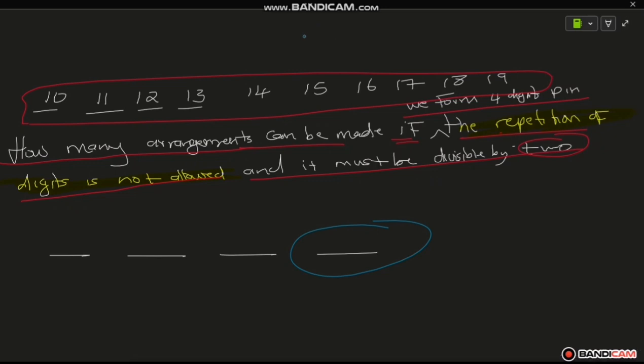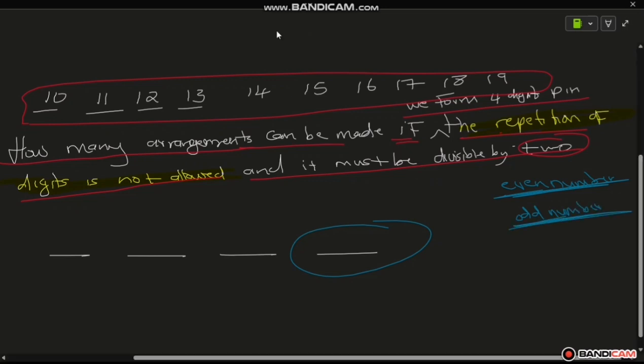An even number is a number that is divisible by 2, meaning after you determine the arrangements, that arrangement must be divisible by 2, or you can divide it by 2. Then an odd number is a number that you cannot divide by 2. It will give you remainders or decimals. I hope it makes sense. So that's very, very important.